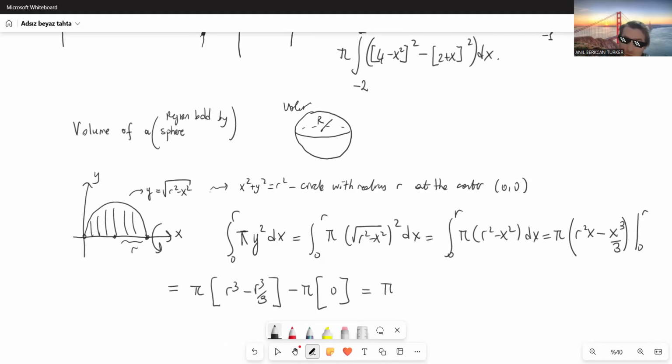Anyway, let me calculate it. So it is like pi 2 over 3 r cubed. But it shouldn't be.